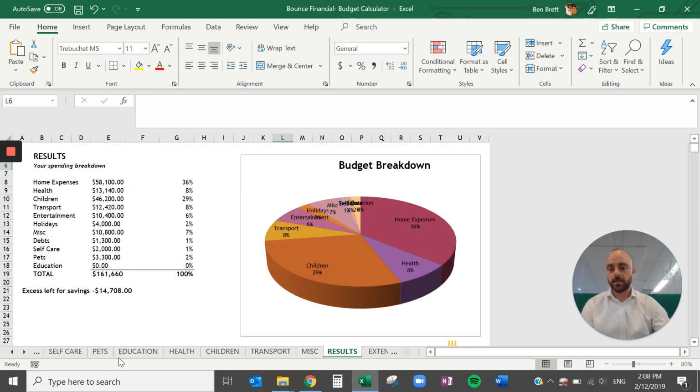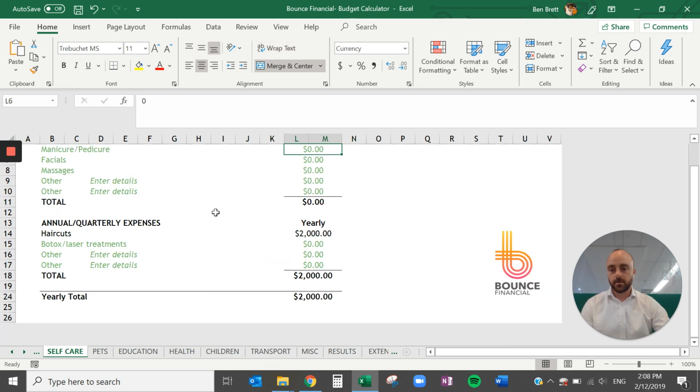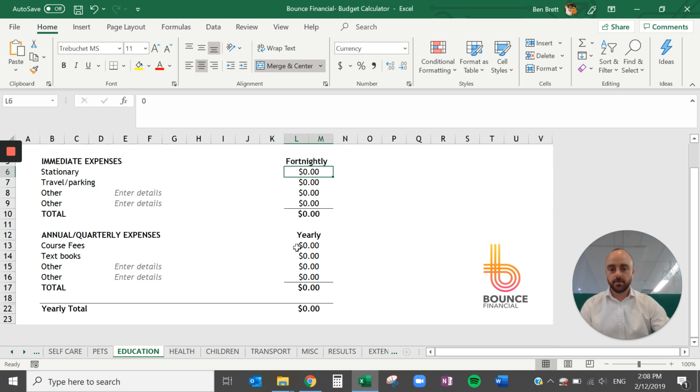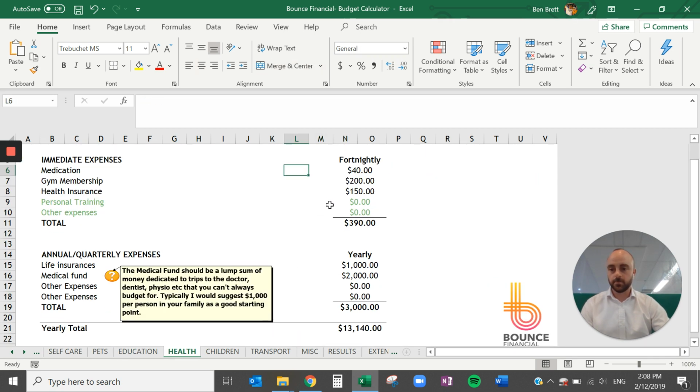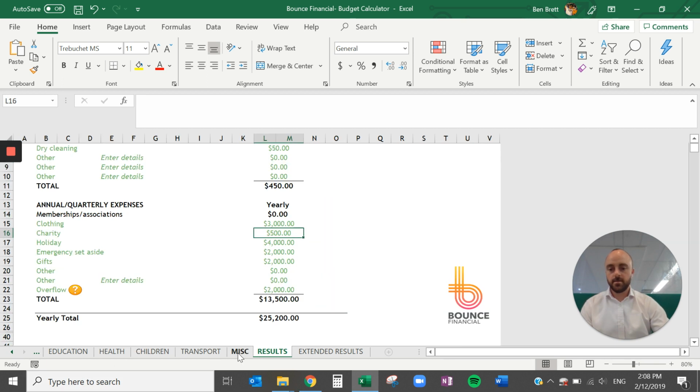Okay, so again, 14,000. Where else can we cut? It's starting to get a bit vicious now. I probably didn't think this scenario through as much. Cool. Gym membership. Let's get rid of it. That puts us in 9,000.